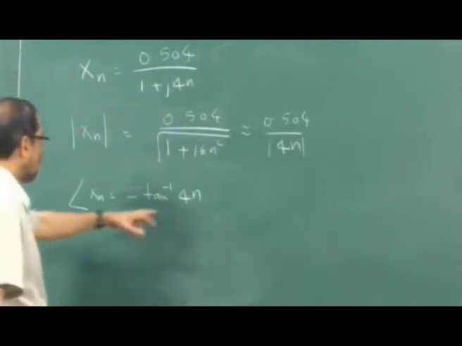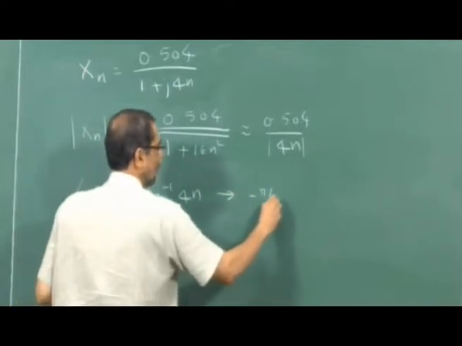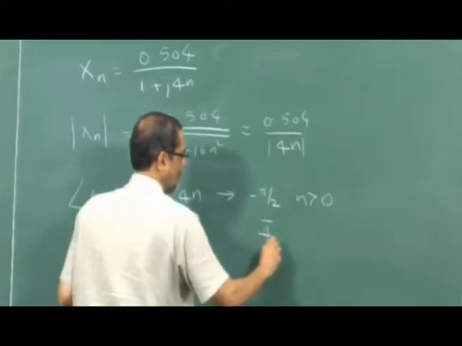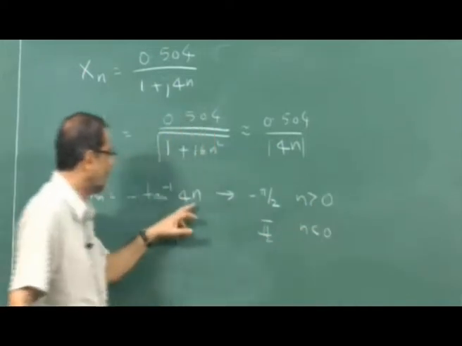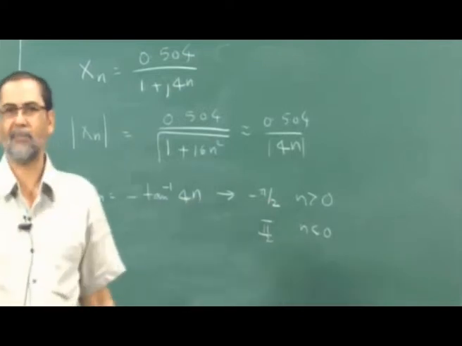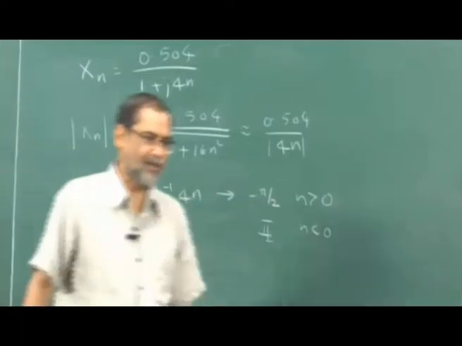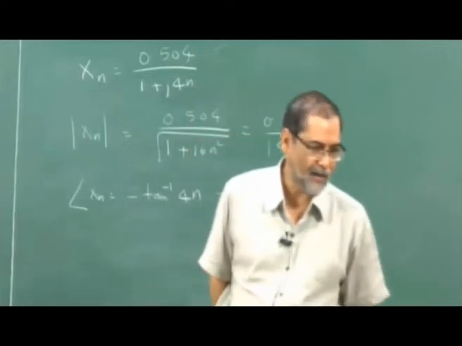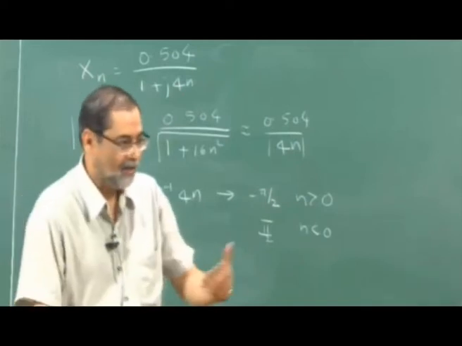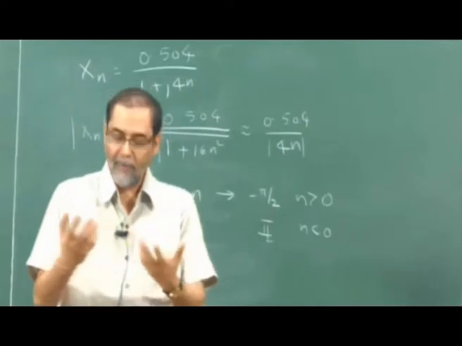So when n is positive, this quickly tends to minus pi by 2 for n greater than 0, plus pi by 2 for n less than 0, because if n is 4, tan inverse 16 is nearly pi by 2, and there is a negative sign here, so it's minus pi by 2. That's what I've tried to show in the sketch of the spectrum. I've now plotted in terms of omega instead of n.